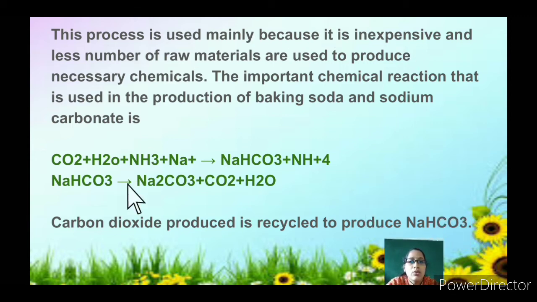So let us see now. We have already spoken about the raw materials used here: carbon dioxide, water, ammonia and sodium salt. That gives rise to NaHCO3, sodium hydrogen carbonate, and ammonium is released.